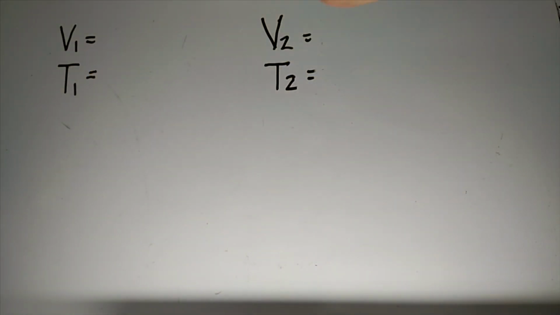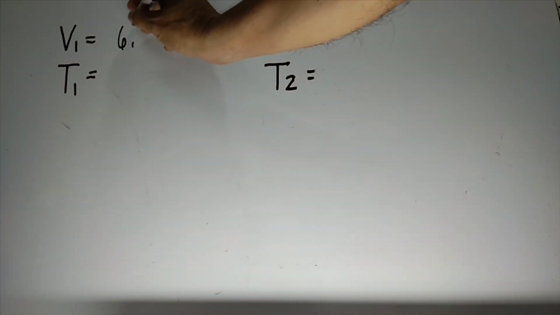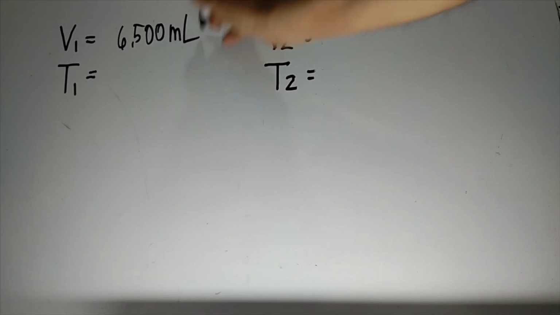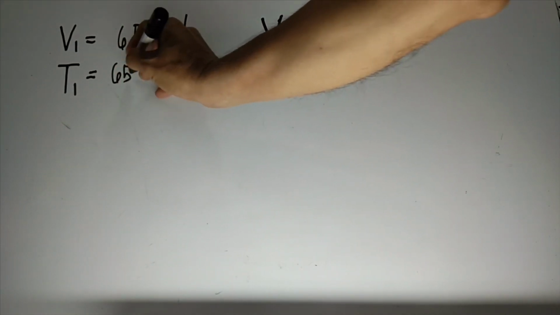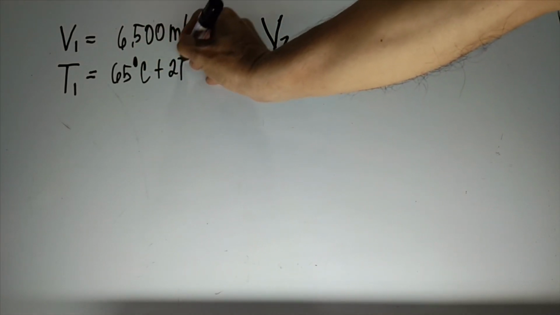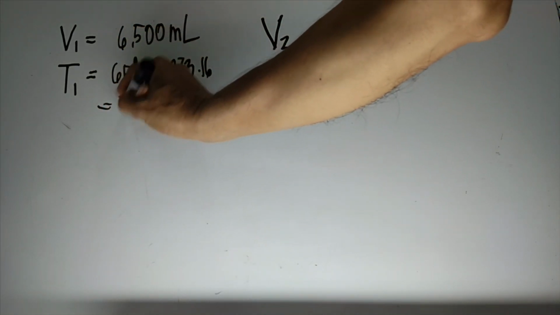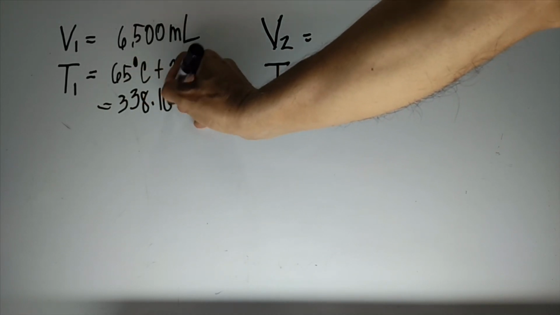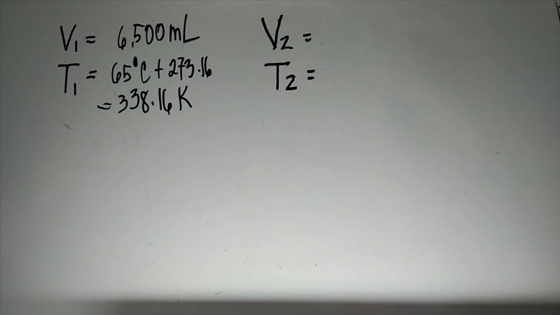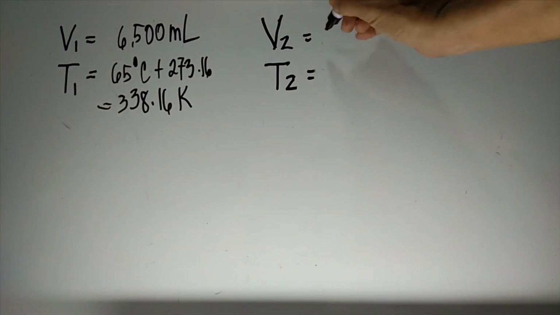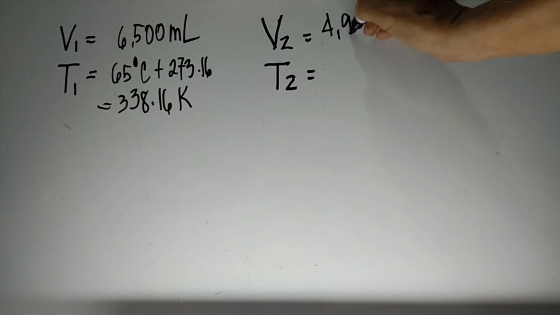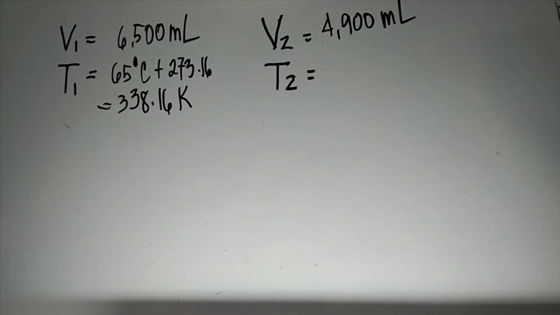So our V1 is 6,500 milliliters and our T1 is 65 degrees Celsius plus 273.16 will give us a value of 338.16 Kelvin. For condition 2, we have V2 as 4,900 milliliters and T2 is unknown.